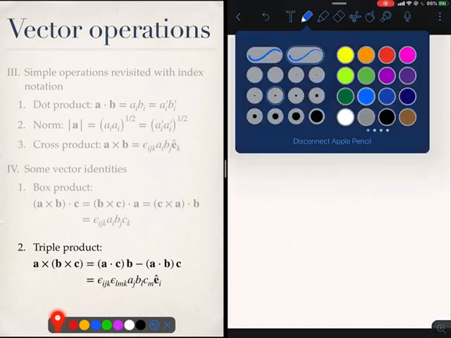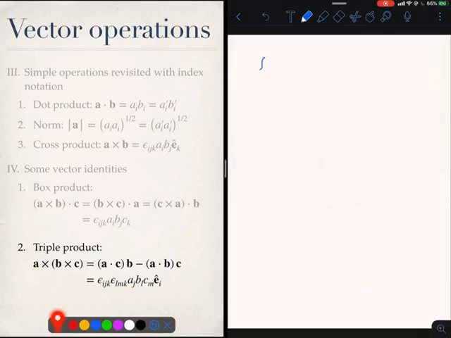So we begin by choosing a coordinate system, our favorite one, and in this coordinate system we can write b cross c as epsilon_ijk b_i c_j e_k, where I have used this formula for b and c.